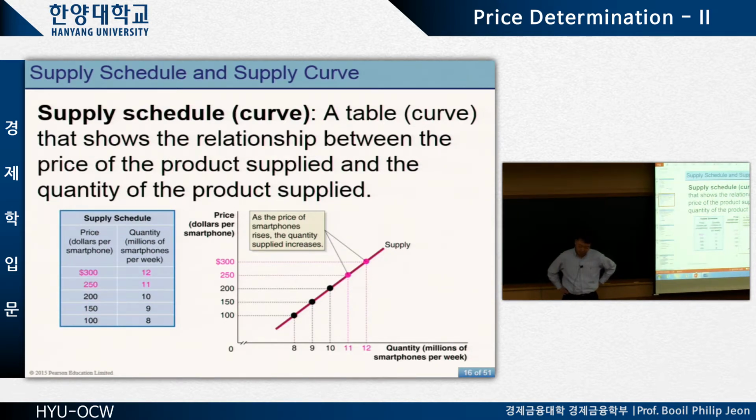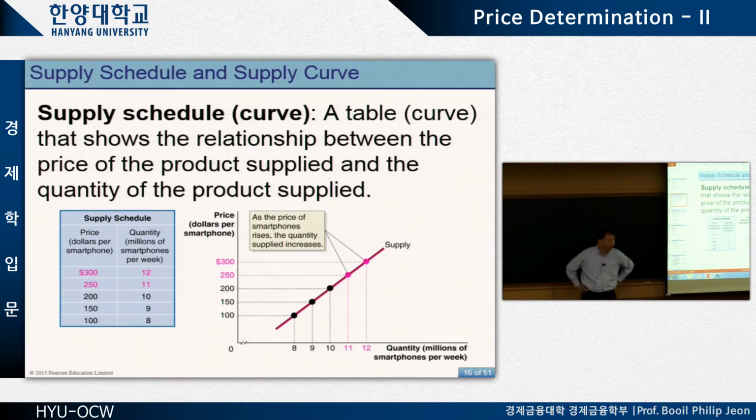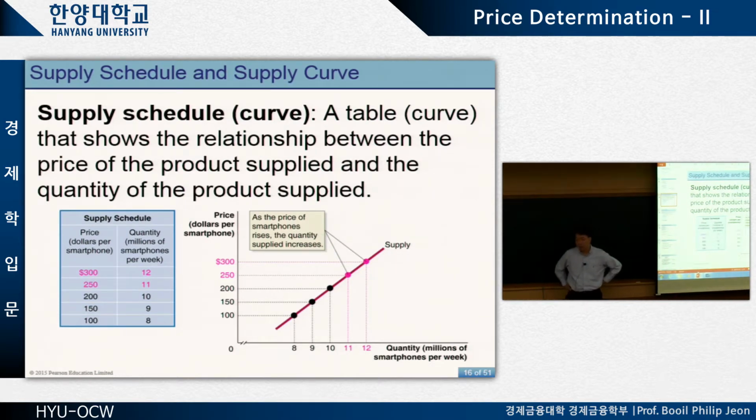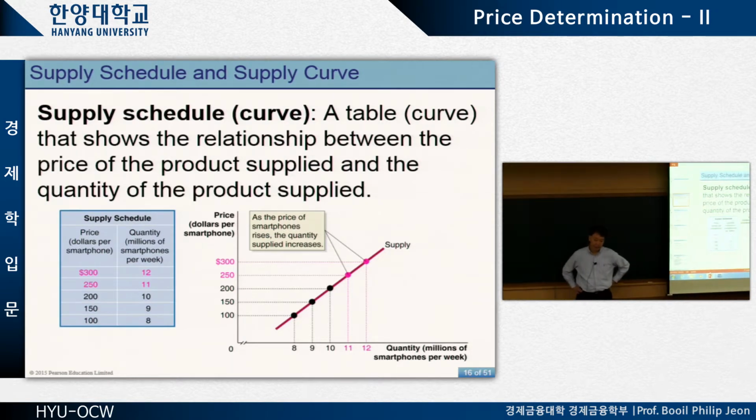So we have supply schedule and supply curve here. I have a feeling that we talked about this at the end of last class, right? So the law of supply means there's a positive relationship between the prices and the quantity supplied. In other words, when the prices go up, the suppliers would increase their production and supply to the market.